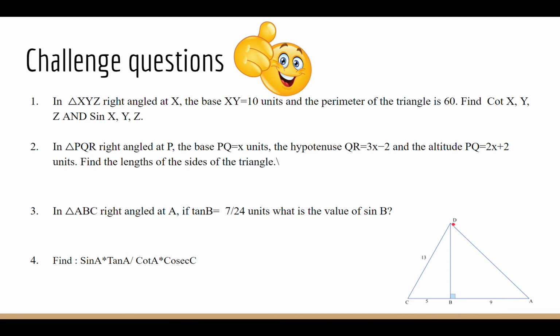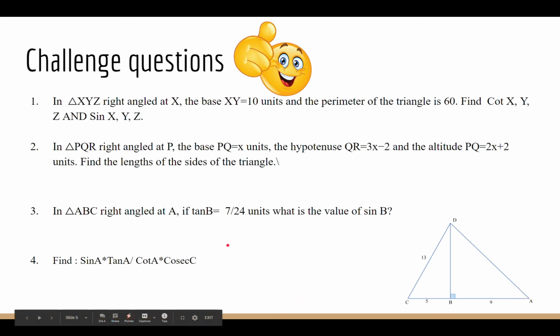So this altitude, which serves as the common line for both triangles, triangle DBA and CBD, is the opposite to A.